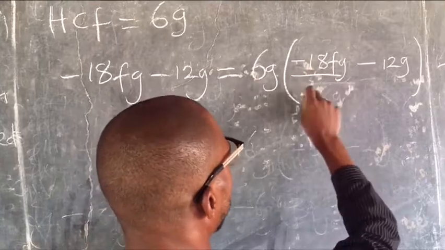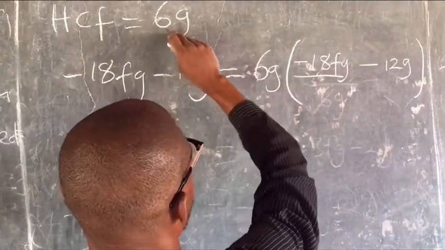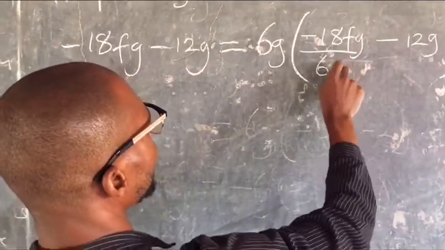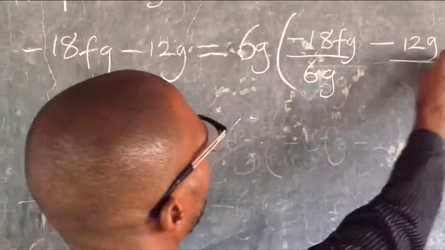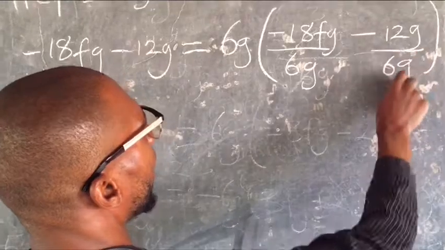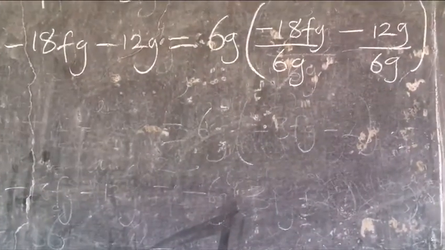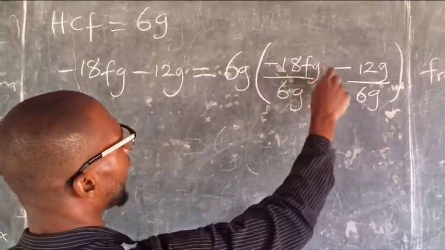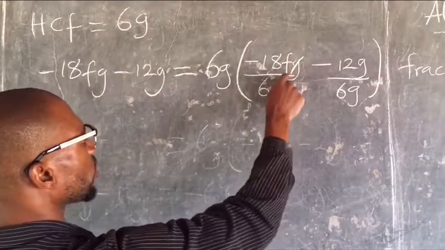Then we will divide each term by this guy. So we will divide each term by the HCF. Then if we divide that one, this one will cancel this one.